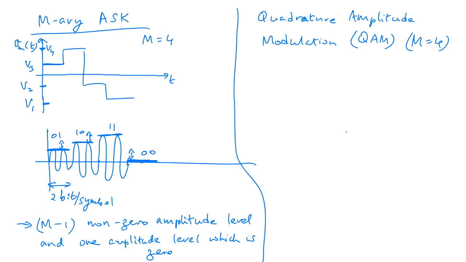The idea is very simple. We will use only 2 amplitude levels, but we will also use 2 carrier signals.